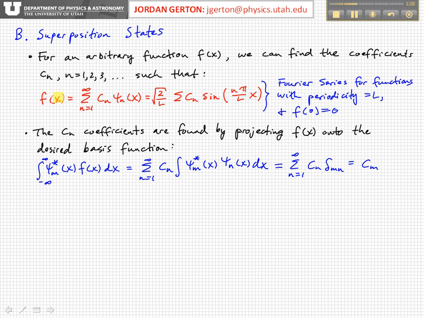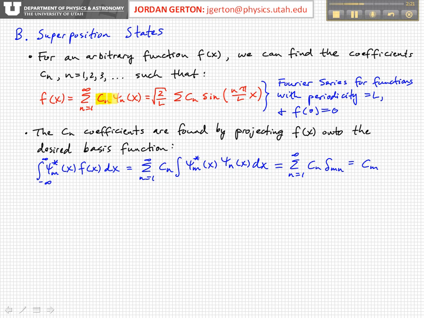Now, if you know the function, you may want to know what these coefficients actually are. You can think of this two ways. You can think, I want to build an arbitrary function from these eigenfunctions, these eigenstates, or you might say, well, I actually have an arbitrary function that I know and that satisfies the boundary conditions, and then what I want to do is decompose it. That is, I want to know these coefficients c sub n.